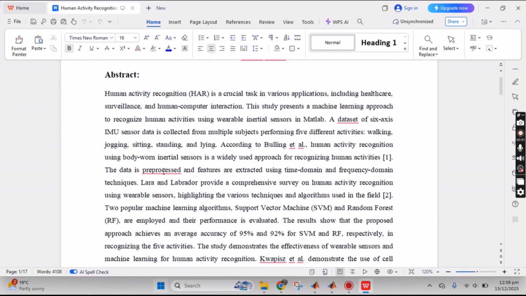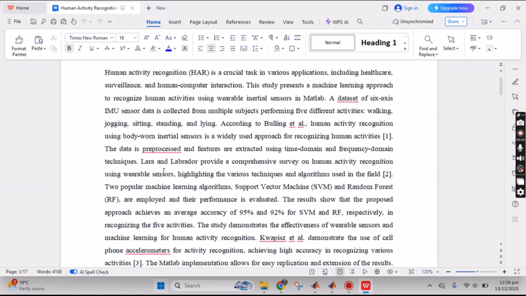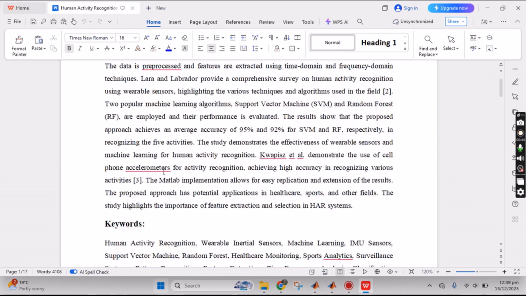collected from multiple subjects performing 5 different activities, including walking, jogging, sitting, standing, and laying. These are the complete algorithms performed through the wearable sensors, highlighting the various techniques used in the field.